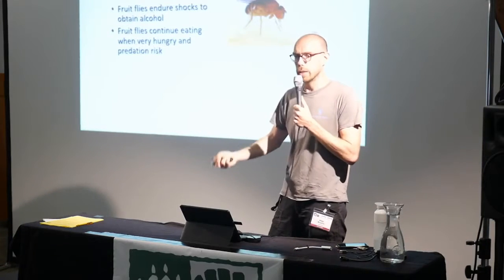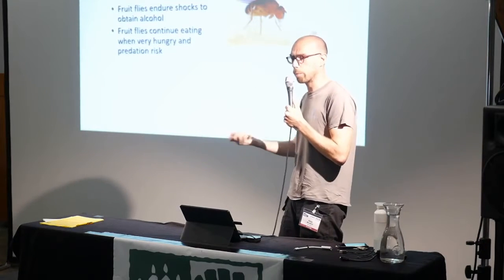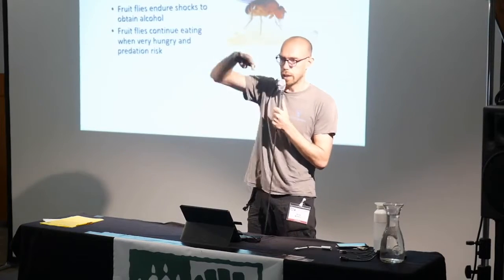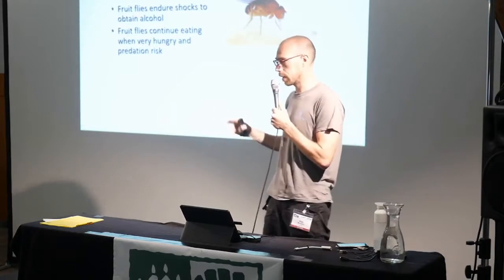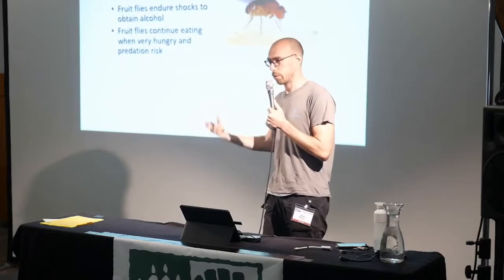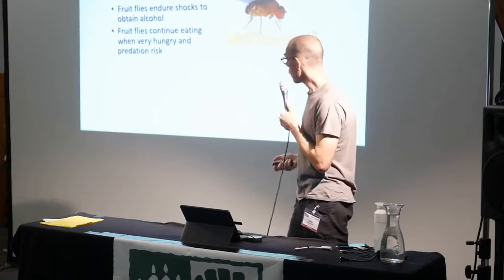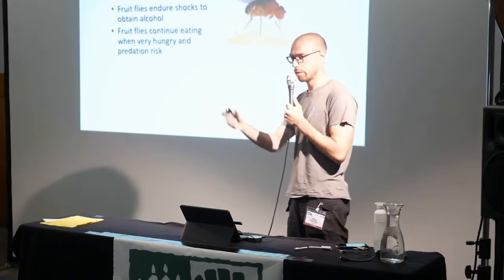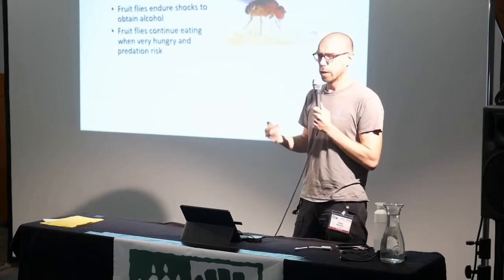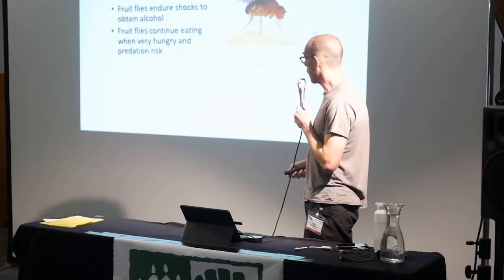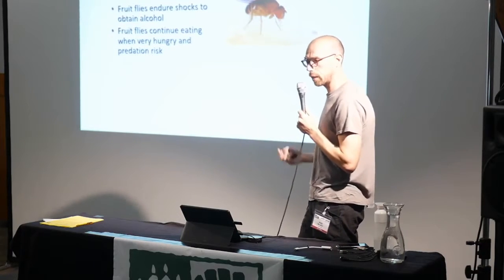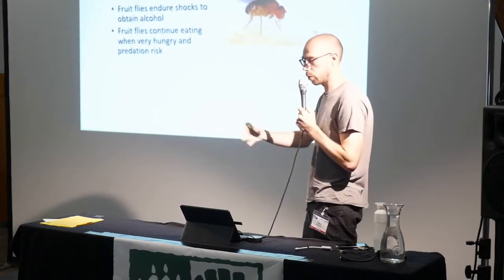But when you increase the level of the electric shock, at one point the trade-off goes the other way: now the electric shock is worse, the alcohol is not good for me, so I no longer go to the alcohol. This kind of switching, the trade-off, that means they have a complex utility function. They have to be able to compare the preference for alcohol and the preference for no electric shocks.